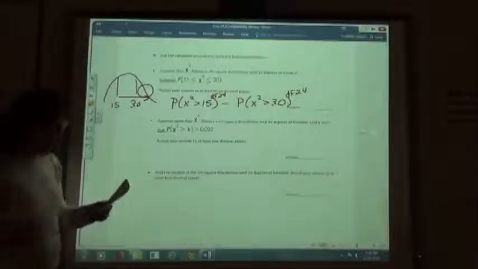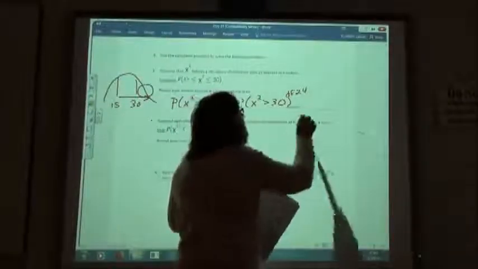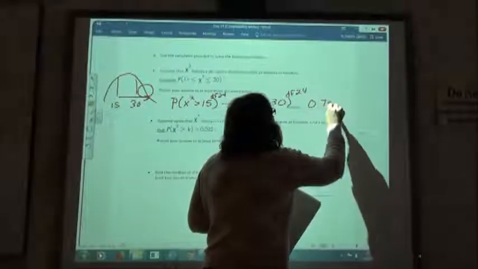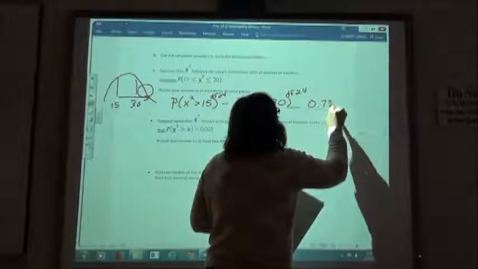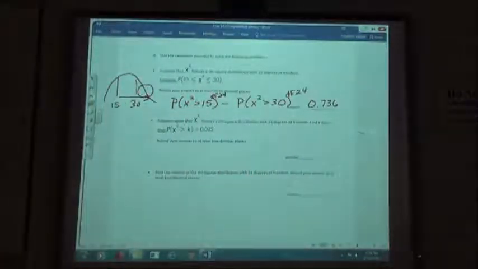And so we end up with 3 decimal places, this one says 0.737. I got 3.6. Oh, we don't round? Oh, because it's a 0 behind there, right? Okay. 0.736.